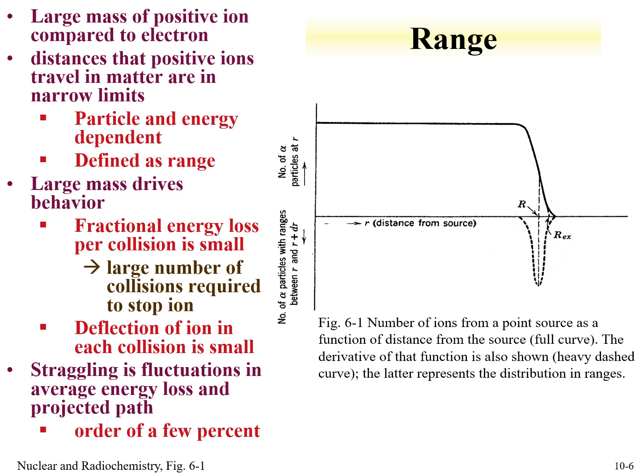And the figure here shows the number of ions from a point source as a function of distance. So you say the number of alpha particles at a given distance r decreases, and the number of alpha particles with ranges between r and r plus or minus some small amount. You see that most of the alpha particles will get deposited, for a given energy, in a small region.